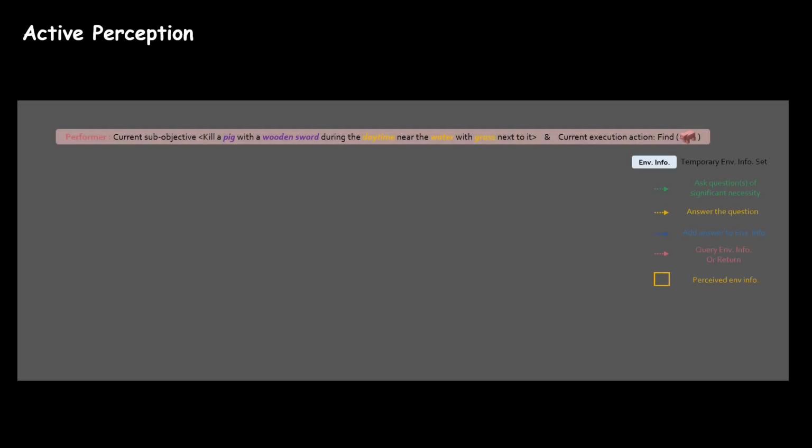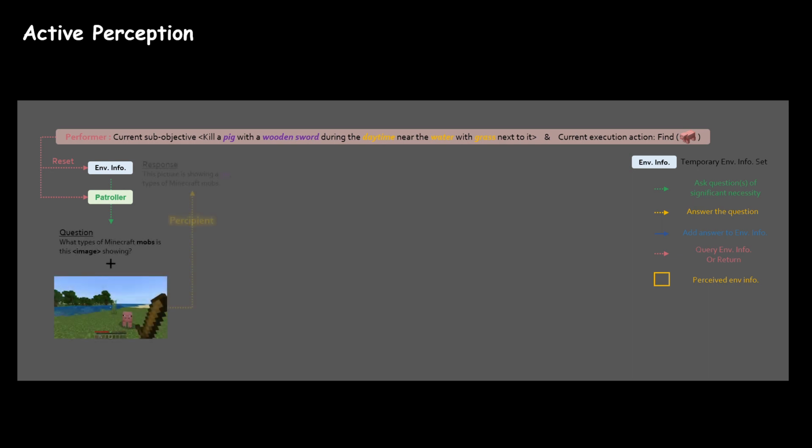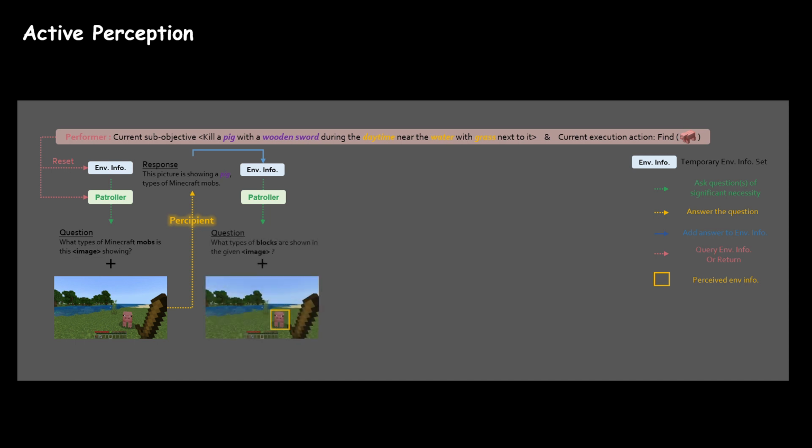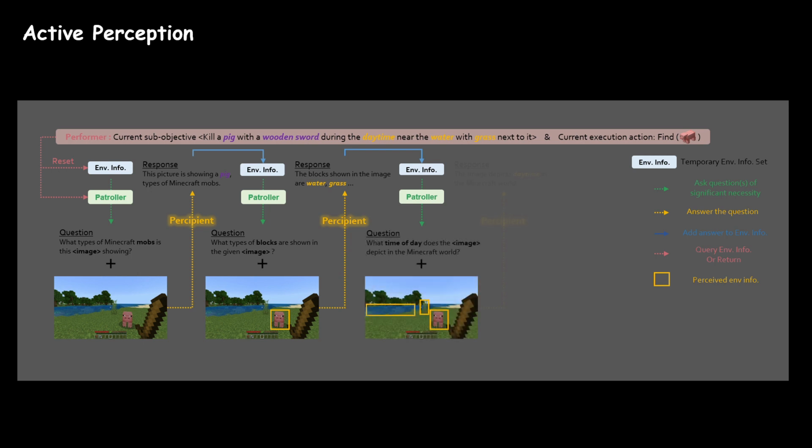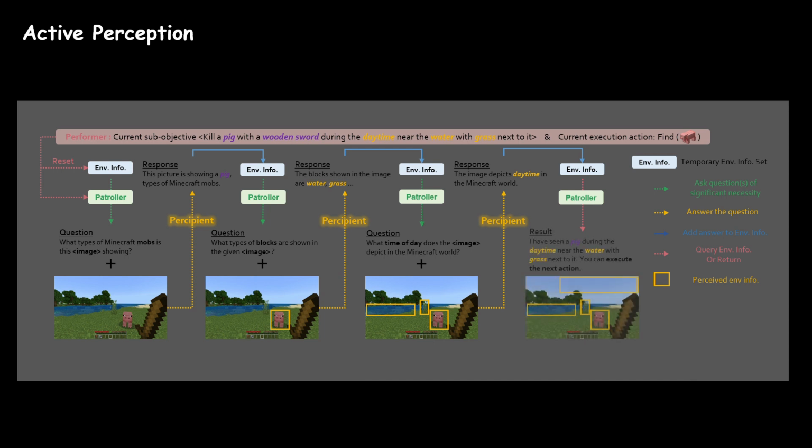Temporary information set saves information collected in the current scenario, so it should be reset at the beginning of active perception scheme. Performer then invokes patroller to start asking percipient questions with respect to the description of the sub-objective and the current execution action round by round. The responses of percipient are saved in the temporary information set and are also gathered as the context for the next question answering round.